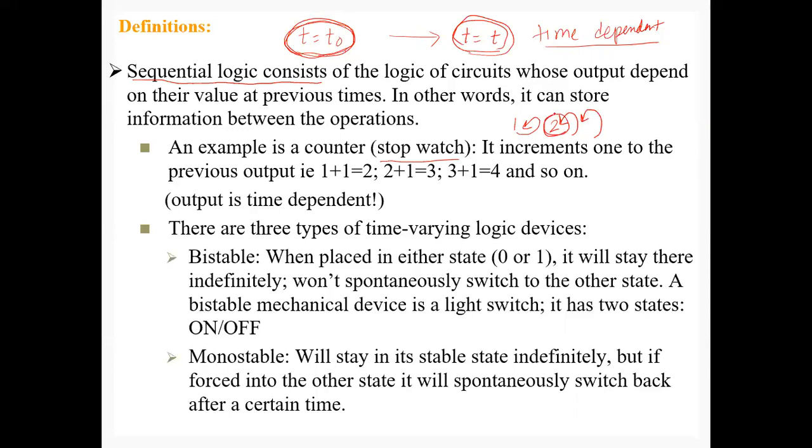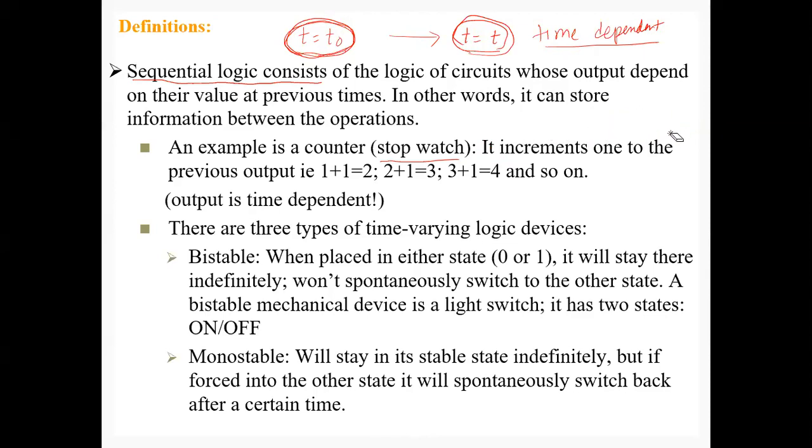It has to remember the previous one, right? When I say 1 more here, this is 2. When I say 1 more here, this is 3. When I say 1 more here, this is 4, right? So it depends on the previous value. So output is time dependent in that case.